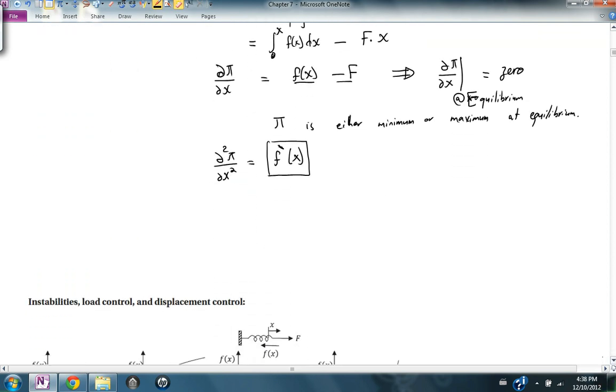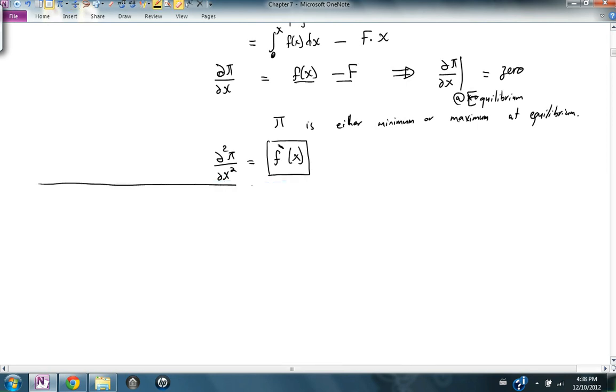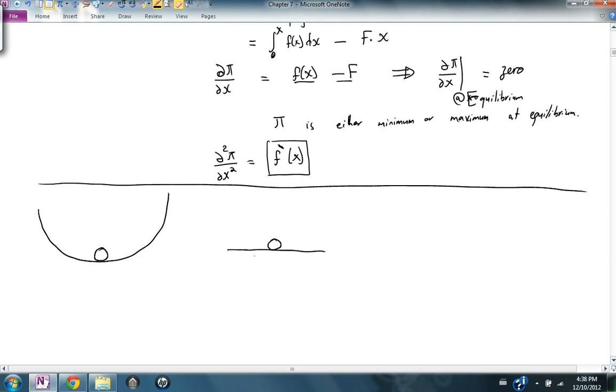So let's try to understand this with simple examples. If I have a cylinder and a small cylinder resting inside of it, if I have a flat surface with a small cylinder resting on top of it, and if I have a big cylinder with a small cylinder resting on top of it. Now, in the three cases, I have equilibrium because the sum of forces down is equal to the sum of forces up, or the reaction.